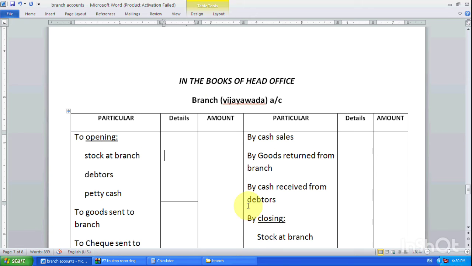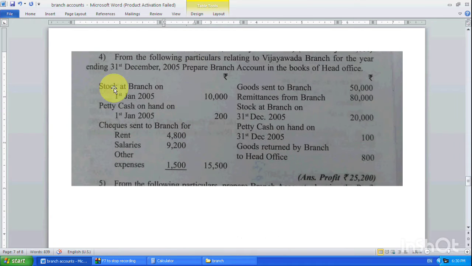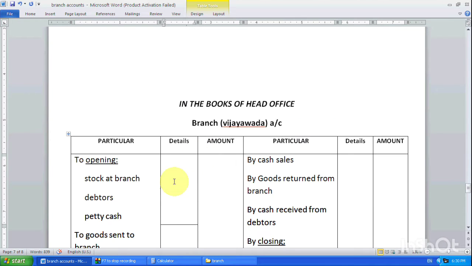First, write the opening balances. Stock at branch is given, debtors is not given. Stock at branch is 10,000, debtors is completely nil, and petty cash is 200.